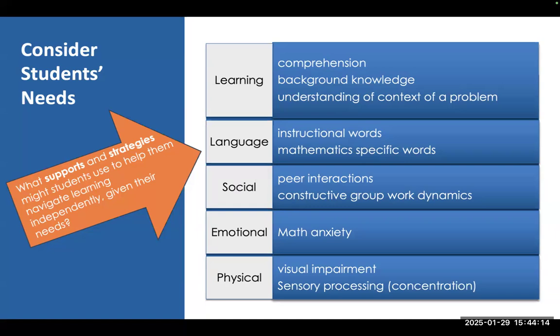And so when we set up climates for learning that are inclusive, that give them strategies that they can use independently to engage in math learning, we can acknowledge that barrier and work towards students feeling more confident. If students have physical barriers to learning, we can also think about how we might provide access for those students. If they've got a visual impairment, what sorts of tools might be helpful?